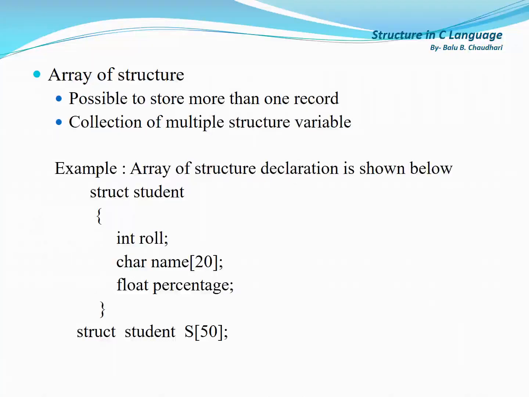Thus, we can use the same structure for more than one variable, which adds more flexibility in your program. The main advantage of using an array of structures is that it is possible to store more than one record. See the example given here. The array of structures declaration is given in which the information of a maximum of 50 students can be stored in the given structure student.